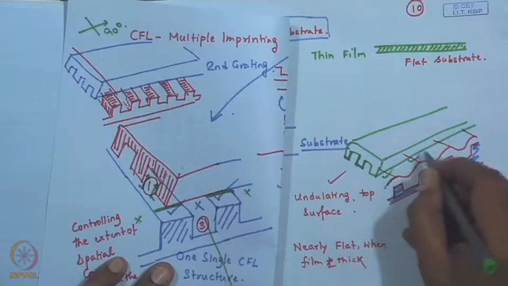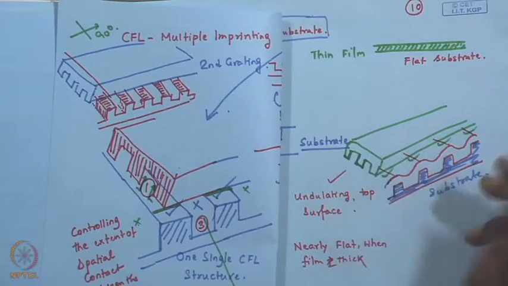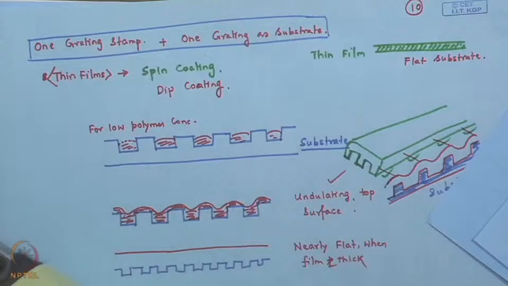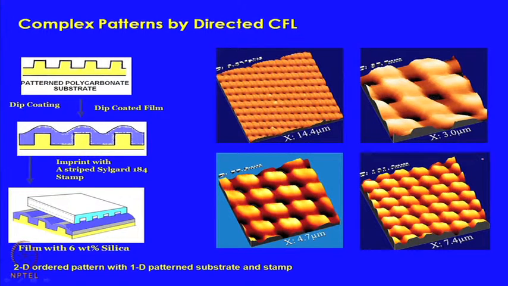Over these zones there will be contact and over the other zones there will be no contact, and therefore in this process it becomes possible to use a grating stamp and a grating substrate to generate structures like this or this with square pillars. Interesting to note, this is not on a polymer, but on a silica-titania sol-gel film that we made all these structures. By varying the initial thickness as well as the geometry of the stamp and the substrate, it now becomes possible to tailor the exact feature size also.